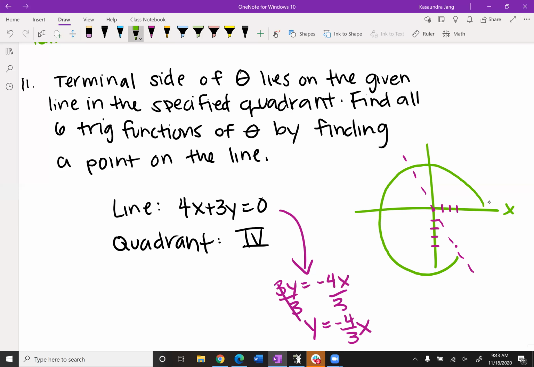So find all 6 trig functions. Let's think about this for a sec. I'm going to put a point here on this line. It was basically a slope of -4/3. If I do this triangle, I had a -4 for my y value, a 3 for my x value. There's my rise over run, my slope. So I'm looking at this triangle.